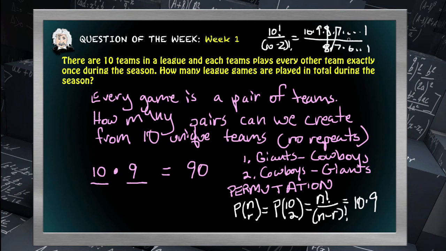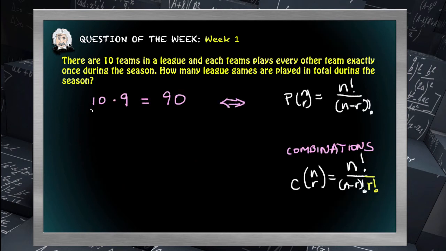And of course, all these terms in the numerator and denominator cancel, and the end result is just 10 times 9. So essentially what we did, we used our logic to calculate the number of ways we could select 2 teams together out of the 10 unique teams in our list.